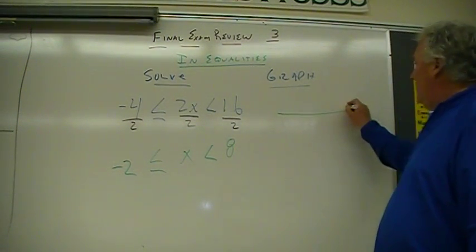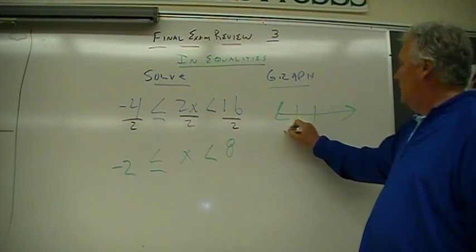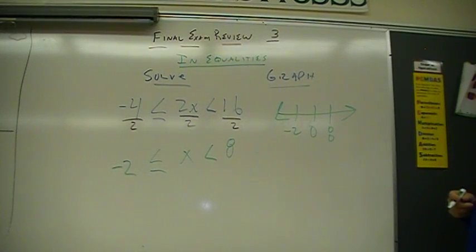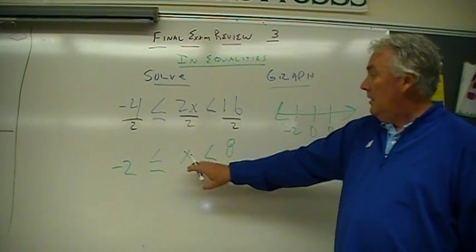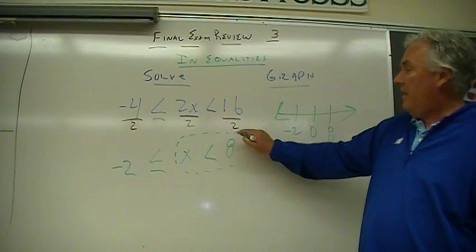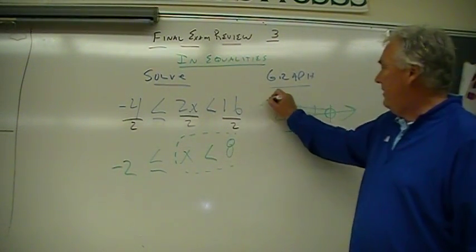And how will that look for a graph? So we can graph both of these. X is less than 8. Here's one that we could graph. X is less than 8. Open circle and everything that way.